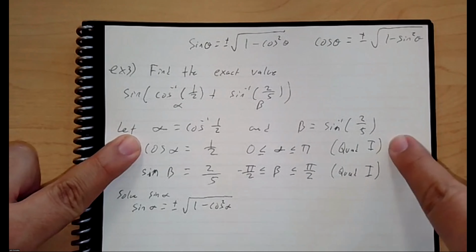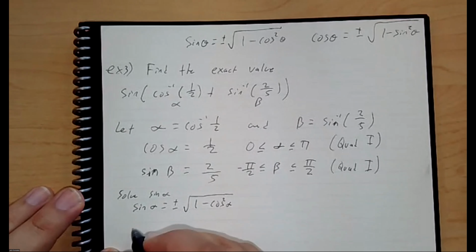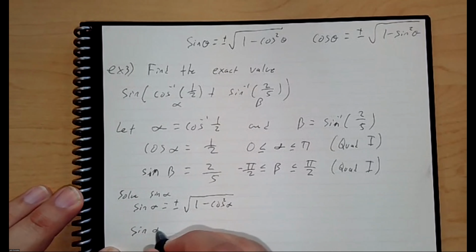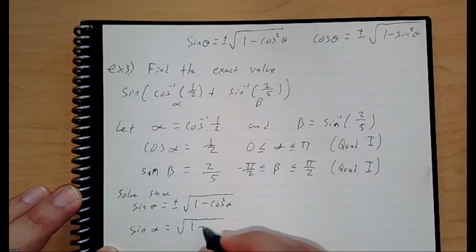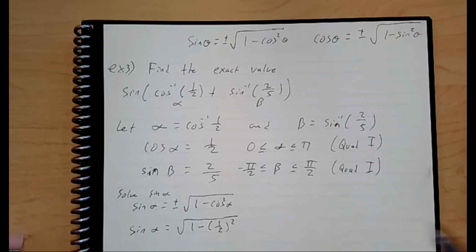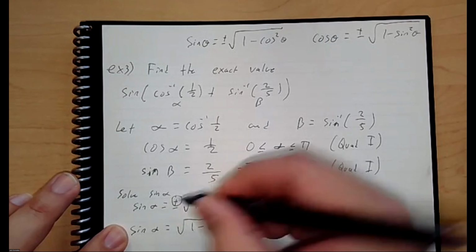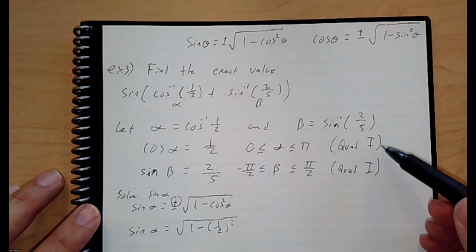We're in quadrant 1. Since I know this now, I'm going to choose positive. And cosine was given, so that would be 1/2 squared. Did you see why we chose plus? That's why this part here is important.